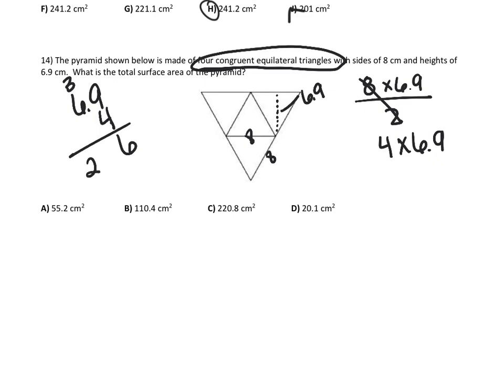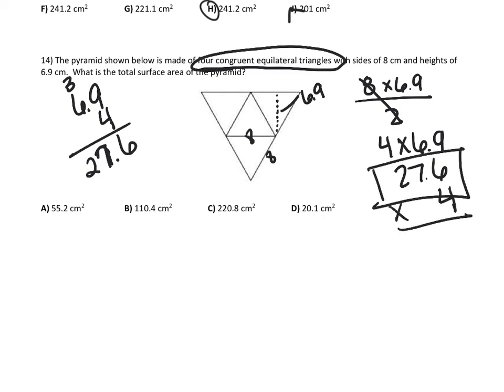And I got 27.6. So 27.6. And then that's my one for one of them. So I multiply it by 4.